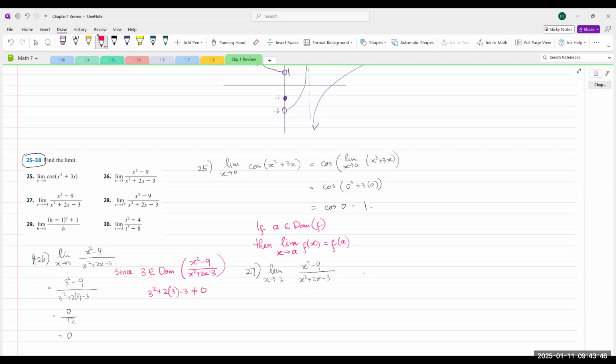Notice that negative 3 is not in the domain of that function, because when you plug in negative 3 into the denominator, you get 0. Right? So we'll get undefined. If that's the case, then we cannot do that.